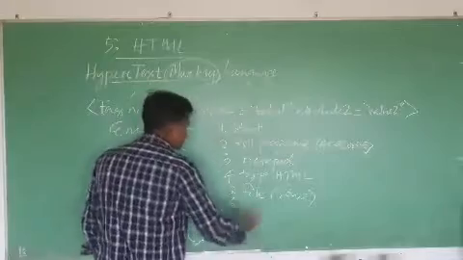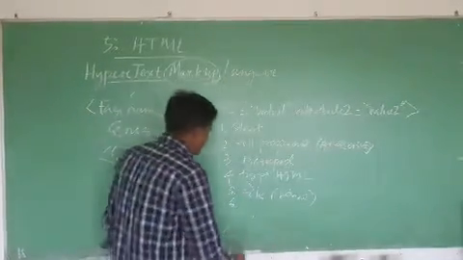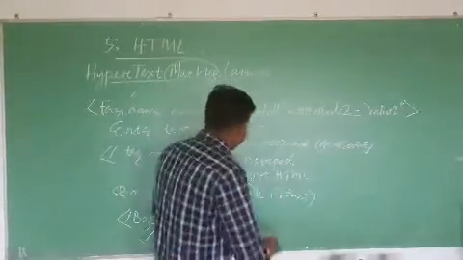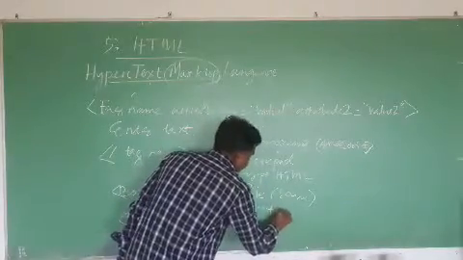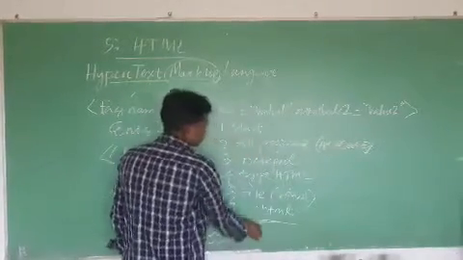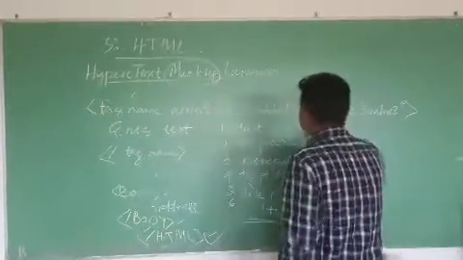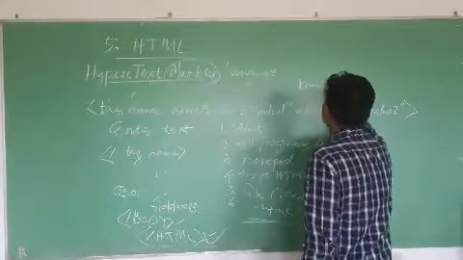Suppose the file we are discussing is KEMS. Save the file with the extension .html. That file we discussed can be saved by the name kems.html.